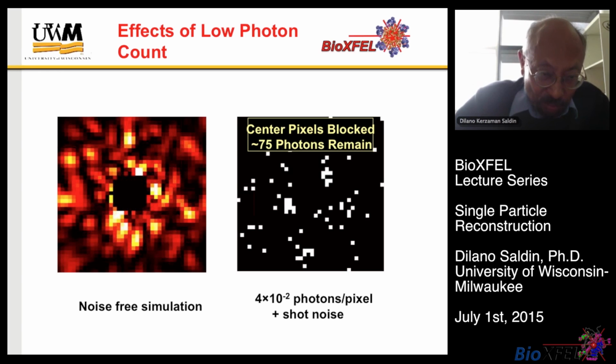Whereas if you have a noise-free simulation, the pattern looks more like the one on the left, which is more continuous, with of course the central beam stop in the middle. But our typical patterns are like the ones on the right, and it is necessary somehow to do some averaging with the patterns on the right to produce a more continuous looking pattern so that we can analyze it.